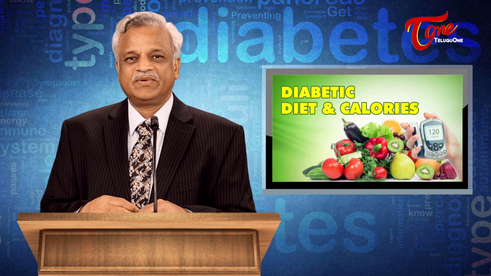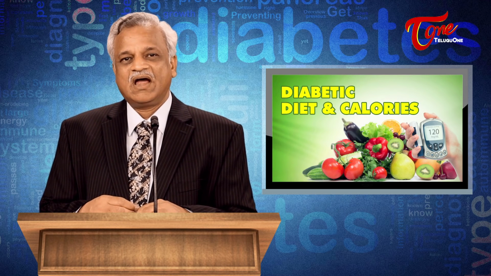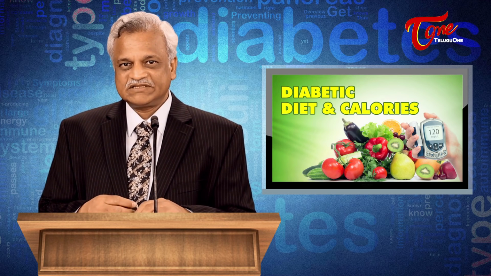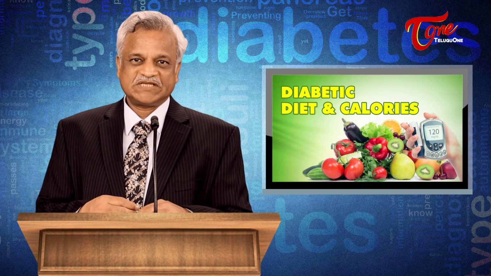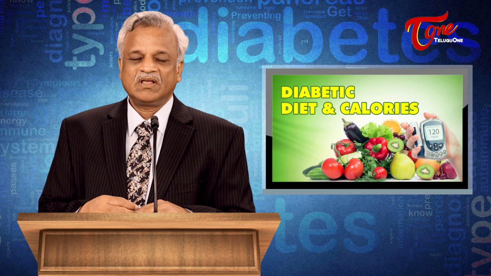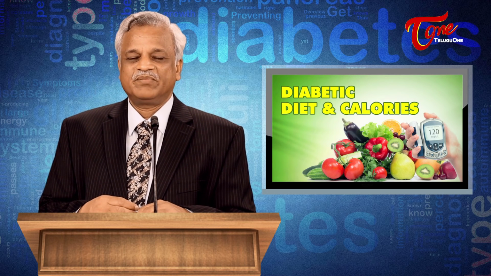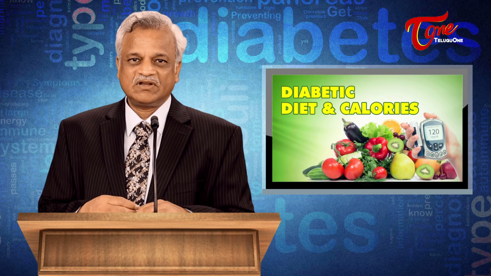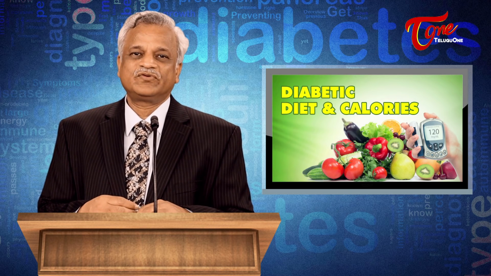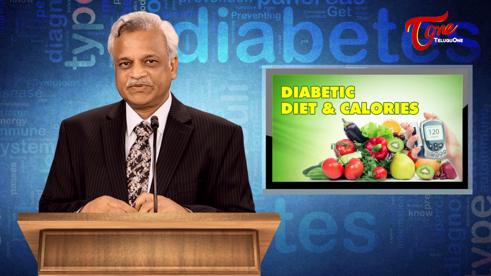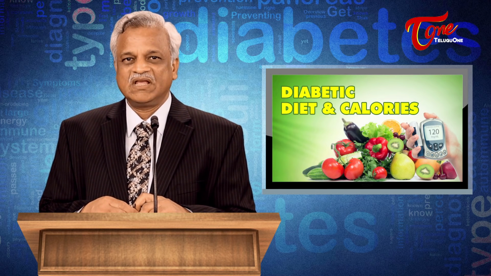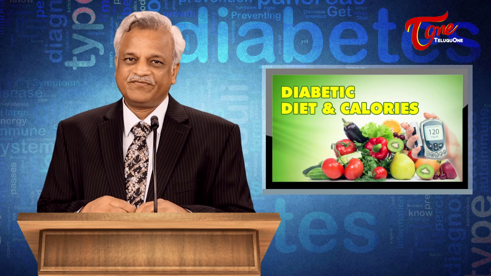And once you are diabetic, if you take less fat and eat less fatty foods, you get better control of diabetes. Please remember that. By reducing sugar, carbohydrates, or naturally available fruits, you are not going to get any benefit in diabetes, especially if you are also eating fats. Please remember, diabetes is a fat disease.